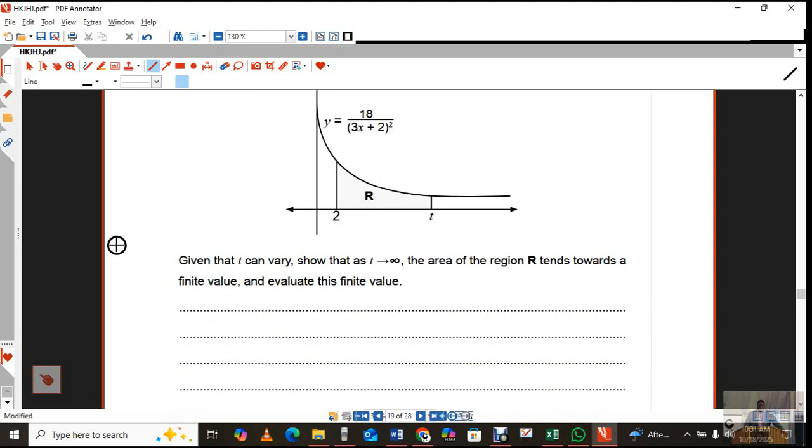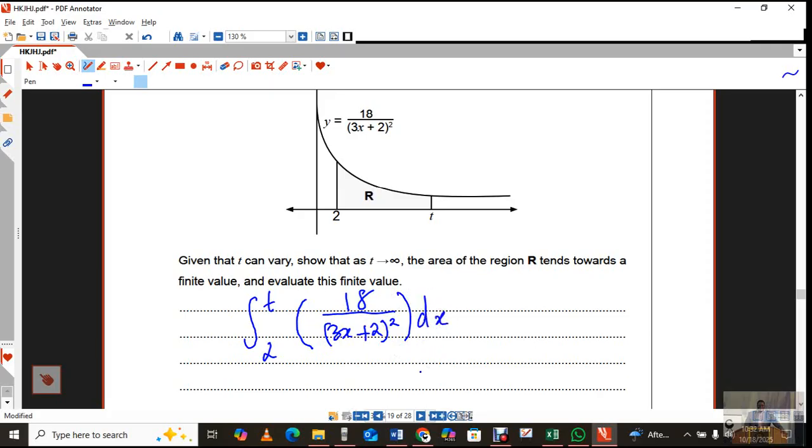Since this is an improper integral, there are many ways you can do this, but I would suggest that you keep t as a number and integrate from 2 to t, as normal definite integrals, of the function 18 over (3x plus 2) all squared, with respect to x.